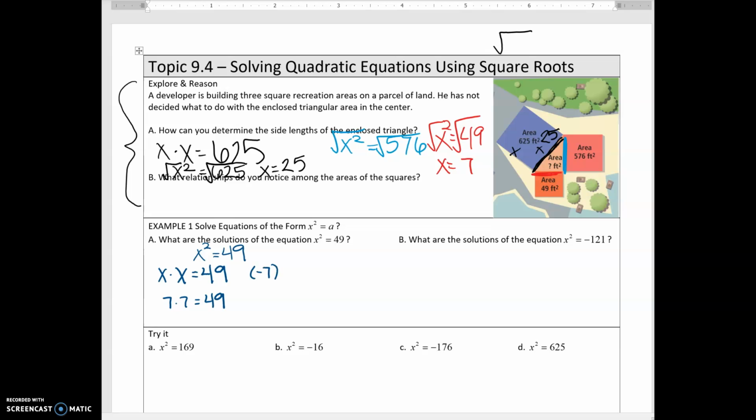We can do negative 7 times negative 7 and still get a positive 49. So whenever you take the square root of both sides, you have a plus or minus the answer. So this little symbol right here is saying that this is x equals 7 and x equals negative 7. It's a plus or minus.